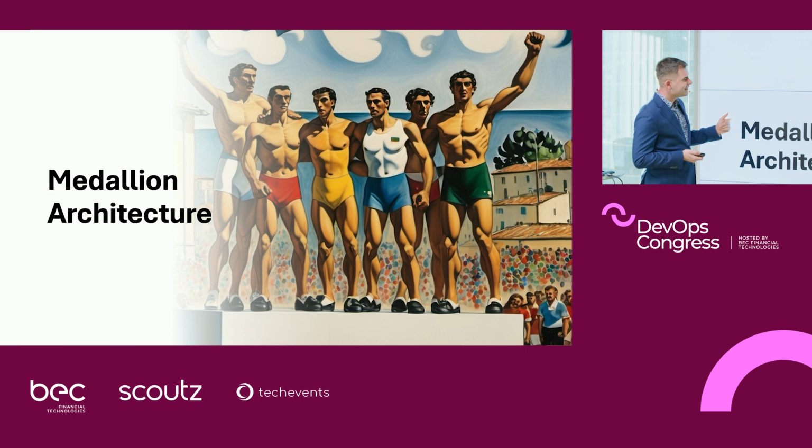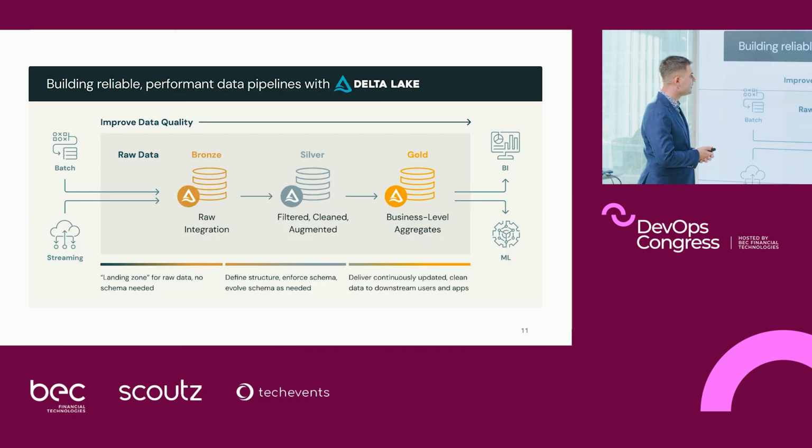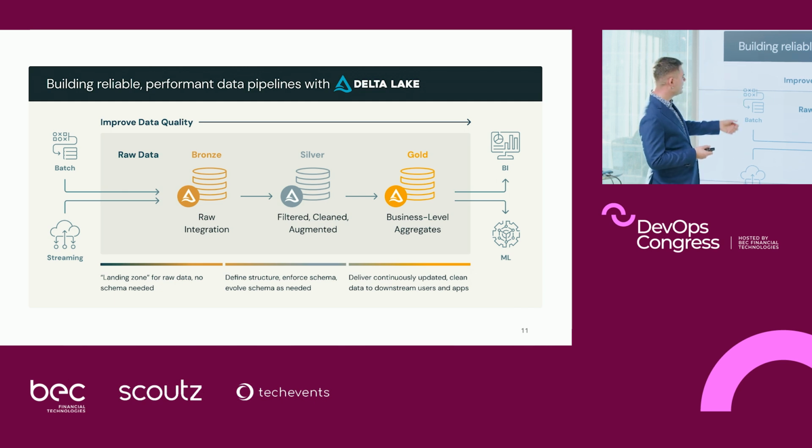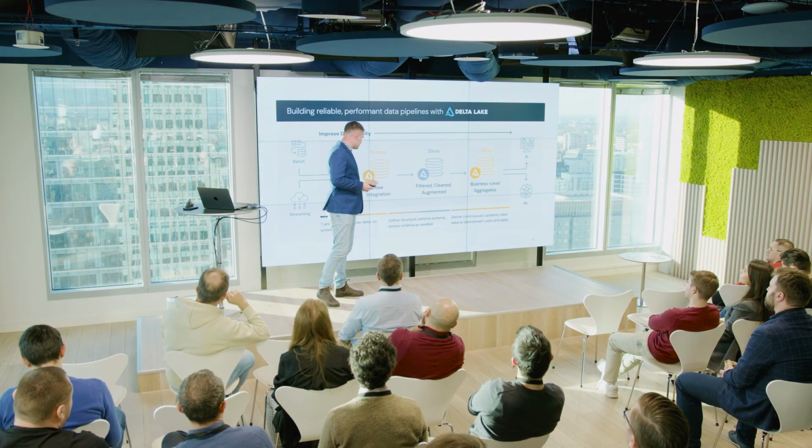And here, this nice picture, this is the medallion architecture, generated obviously by AI. In the medallion architecture, we have ingest. So here is our batch or streaming. Maybe this is some kind of API, maybe some other resources on the internet. And we have the raw data.